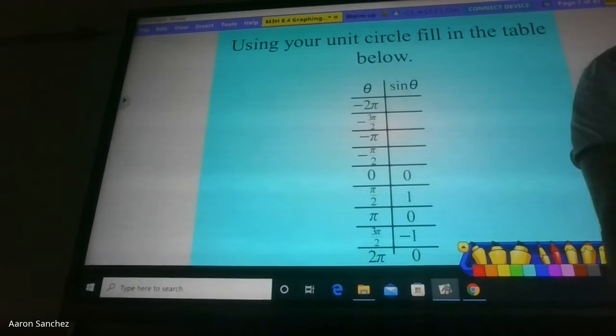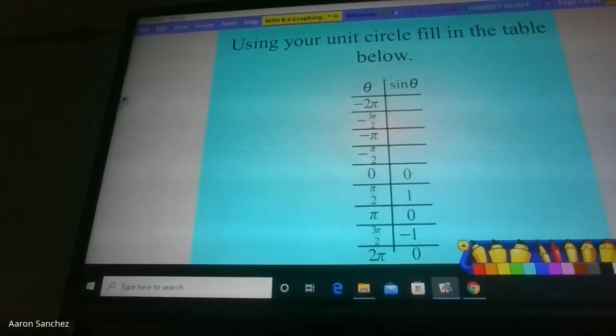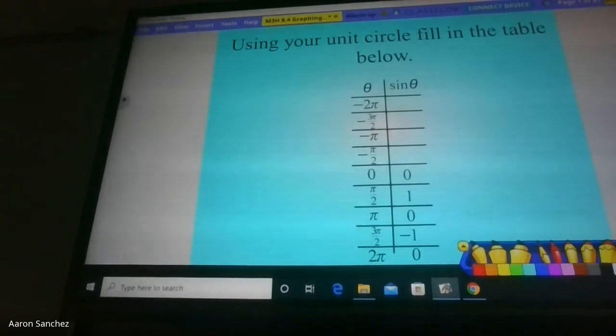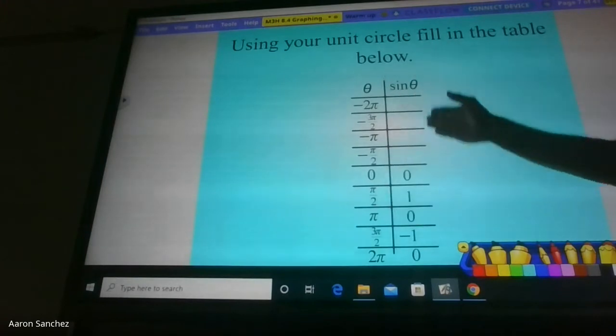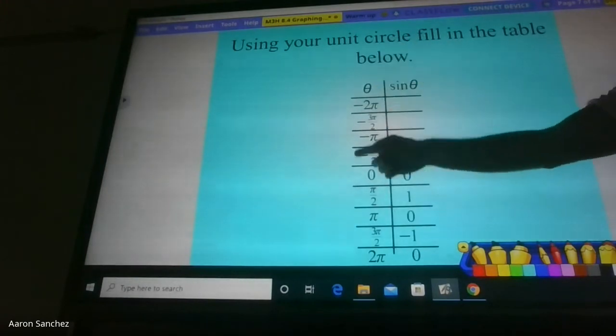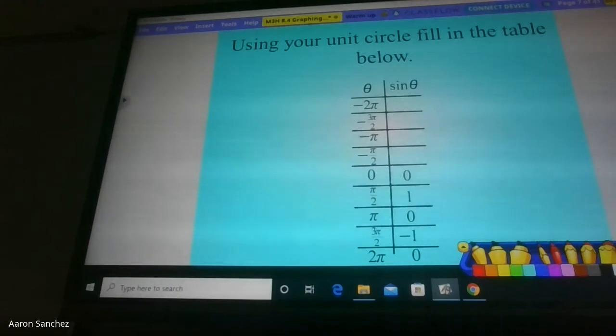Okay. Obviously, we do the table to help us get the graph, right? It's the x and then the y. Get the x and then plot the y.